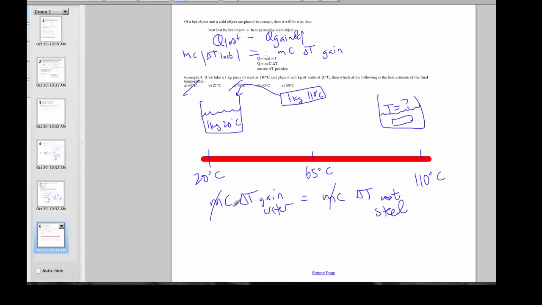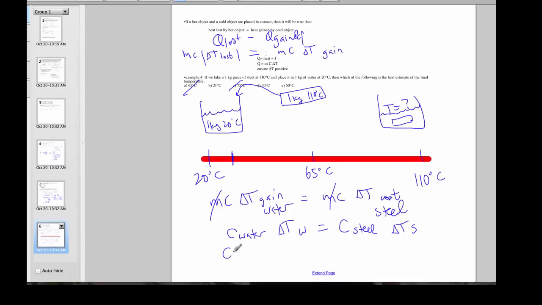But the specific heat of water is 4,000, and that's about 10 times the specific heat of steel. So because this is about 10 times bigger, we expect the temperature change of the water to be about 10 times smaller. So roughly we expect like a 1 part to 10 parts temperature change.